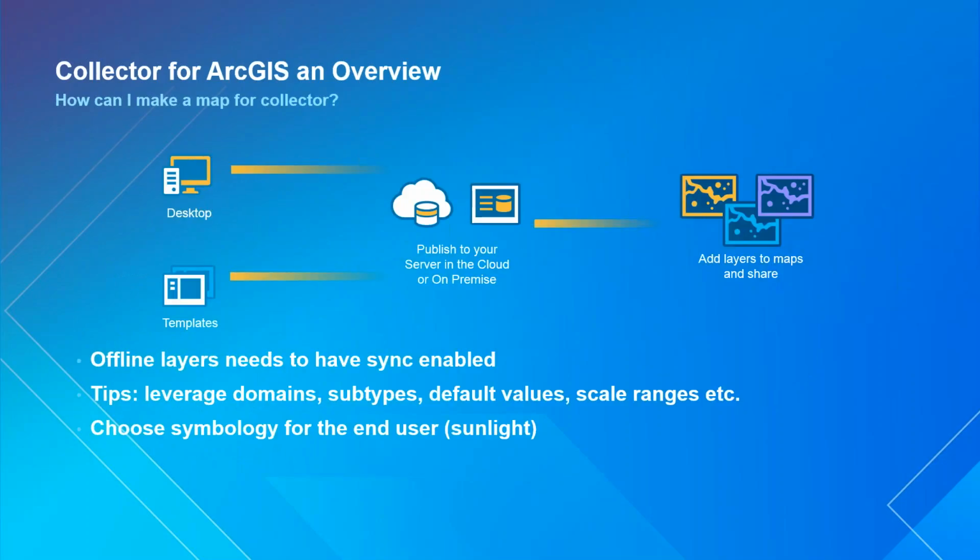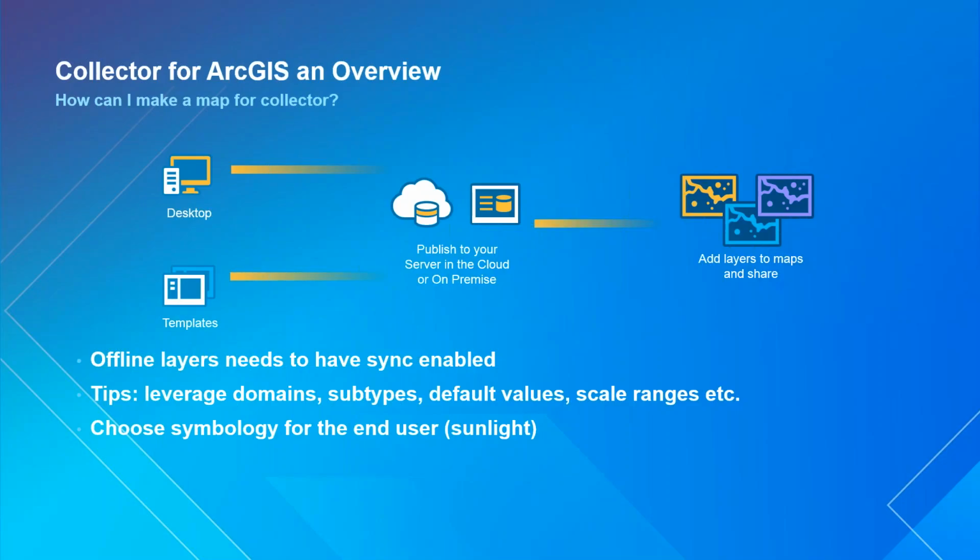So making a map for Collector is pretty straightforward. From ArcGIS Desktop, ArcMap, okay, so using ArcMap, I would design my data set. So I'll create my geodatabase. I'll decide how I want to symbolize things. I'll decide how I want to enable control and content.